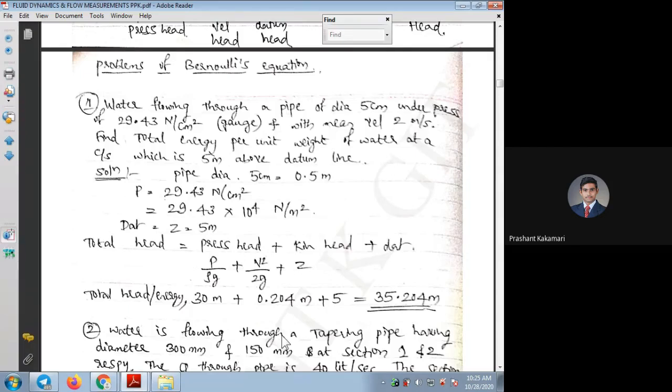And once you take the sum of all these three terms, potential, kinetic and pressure heads, one can find out the total head, or the total energy. So here total energy is around 35.204 meters.